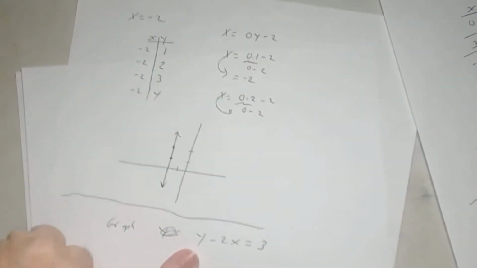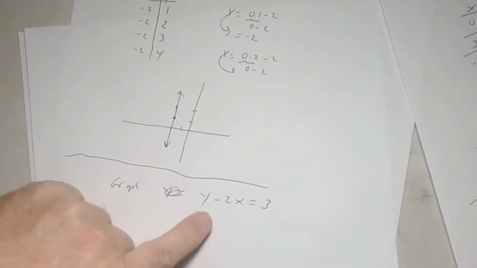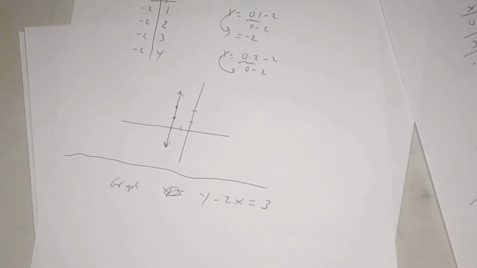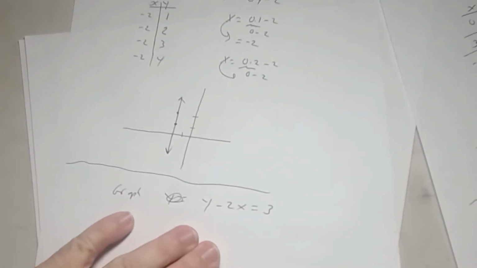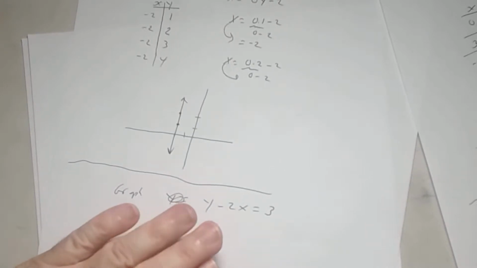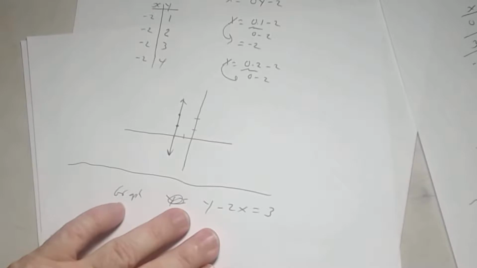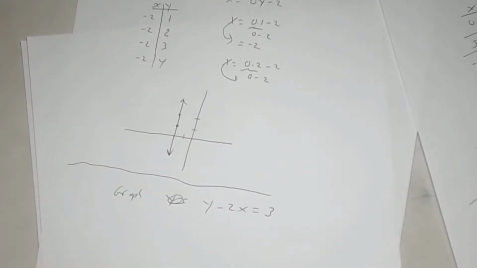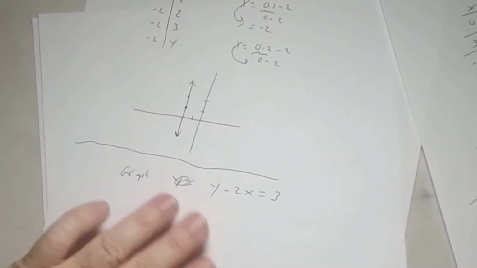But here there are two variables, so when you graph this, it's either going to be rising or falling. Is this going to be vertical, horizontal? No. It would be horizontal if what letter was missing? X. It would be vertical if what letter was missing? Y.